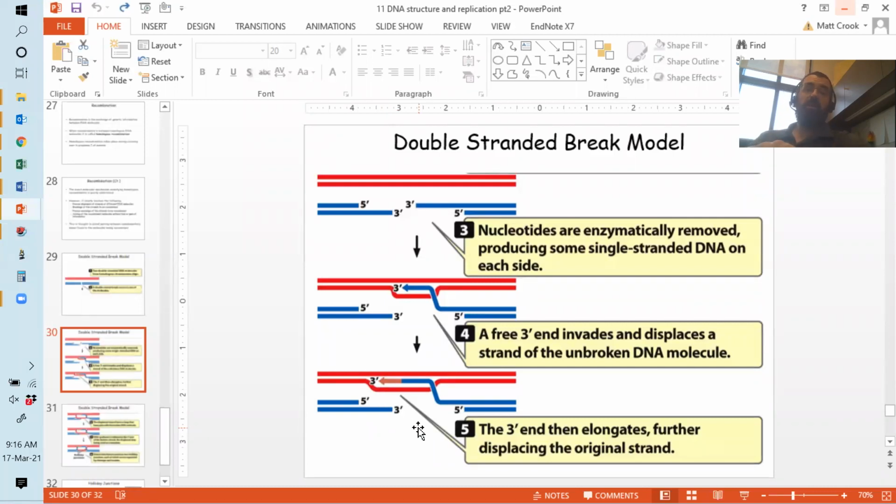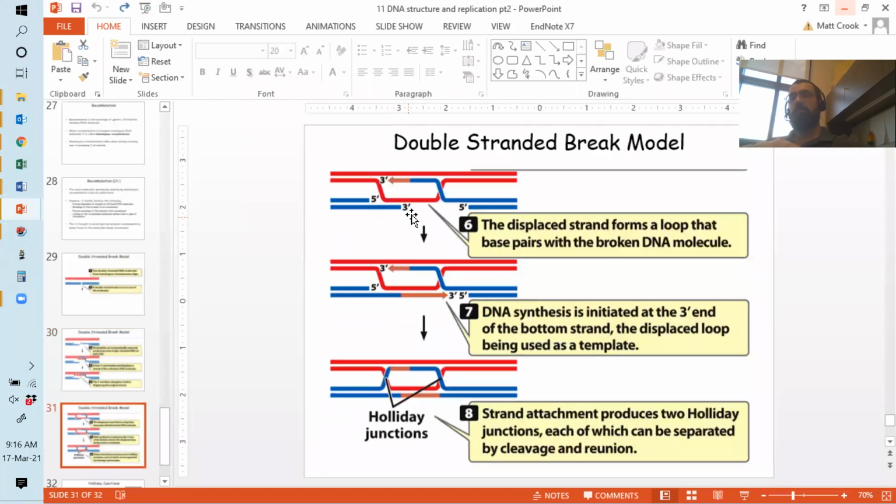And because these line up perfectly, base to base, and this displaced strand is now single-stranded DNA, it's now free to base pair with other complementary sequences. These two can now base pair together, right? And that's basically the process by which this recombination occurs, right?